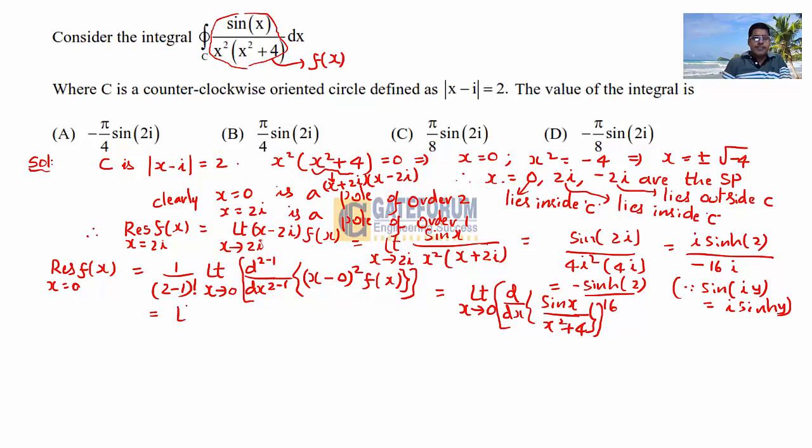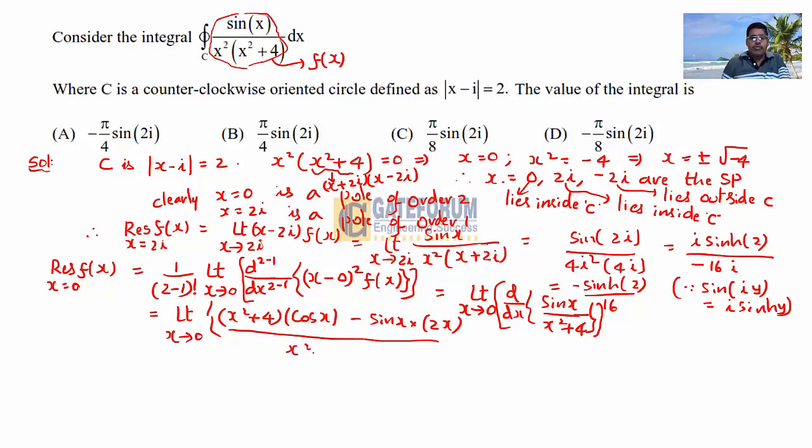Using the u by v rule: (x square plus 4) into the derivative of sin x, which is cos x, minus sin x into the derivative of x square plus 4, which is 2x, divided by (x square plus 4) whole square. Now in all this put x equal to 0. We get cos 0 is 1, sin 0 is 0. So the first one is 4, minus 0, divided by 4 square. So you will be getting 1 by 4 simplified.